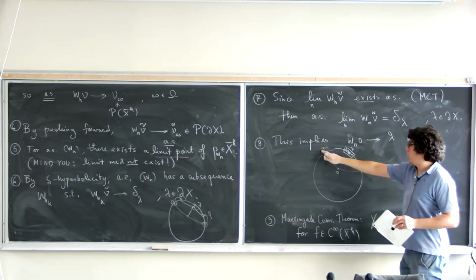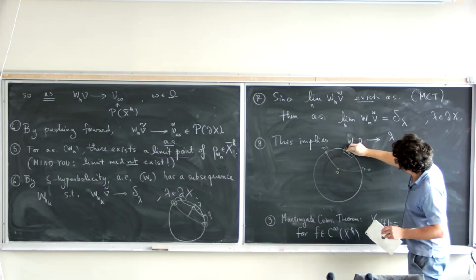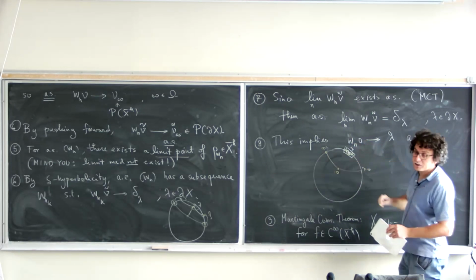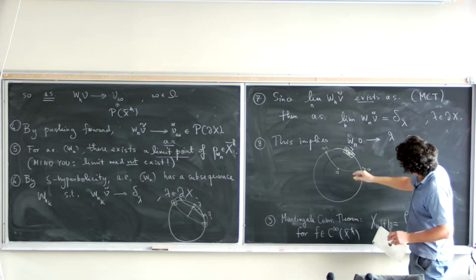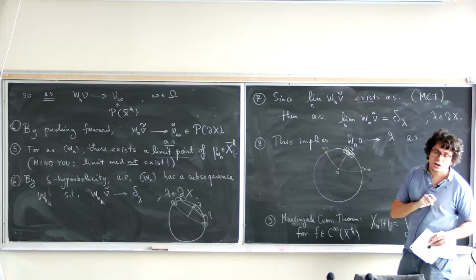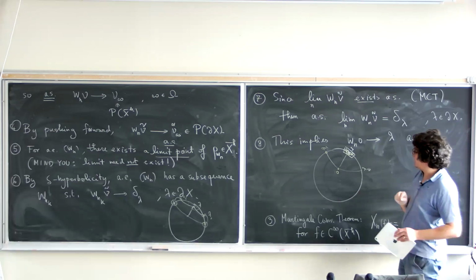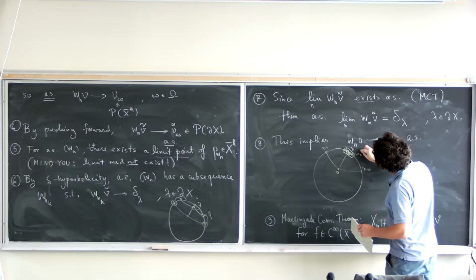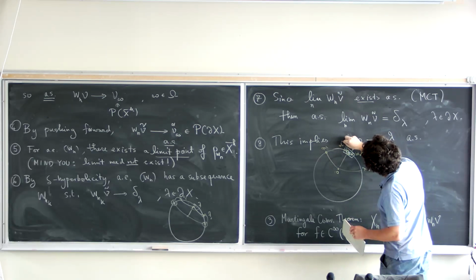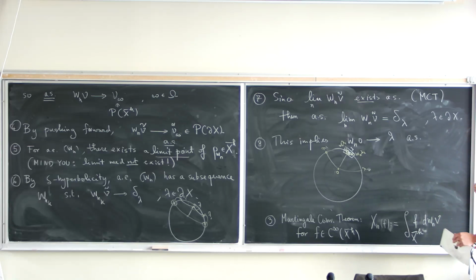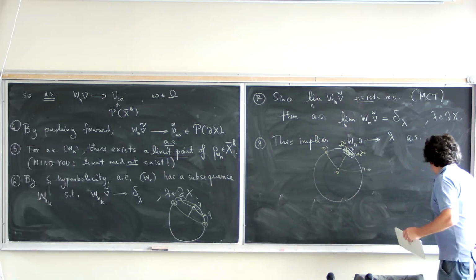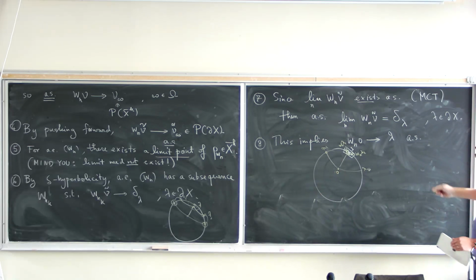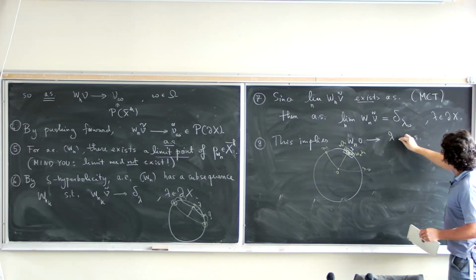Then both lambda 1 and lambda 2 converge to the same limiting point, and so o also has to converge to the same limiting point. This is Wn lambda 2, this is Wn lambda 1. Okay, so that basically does it.